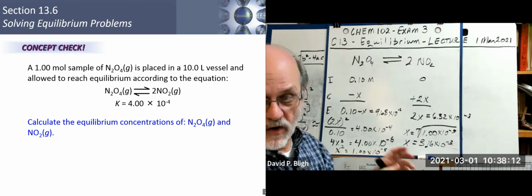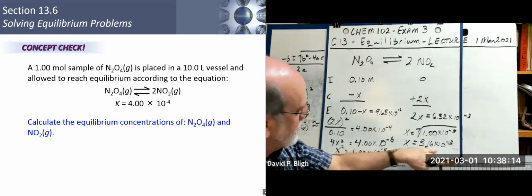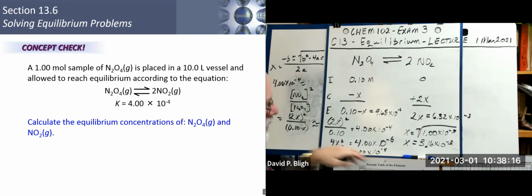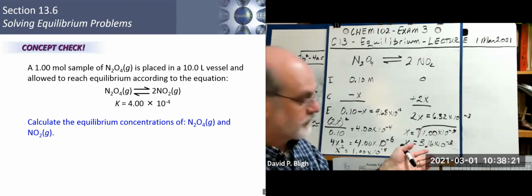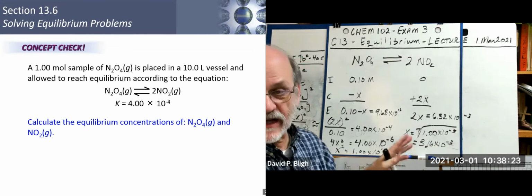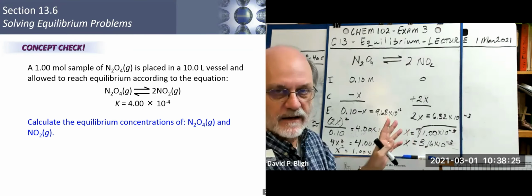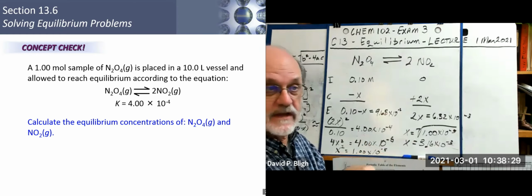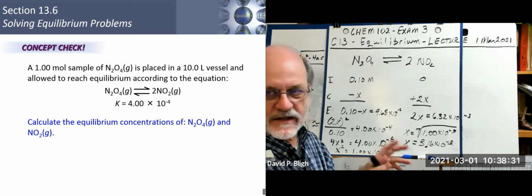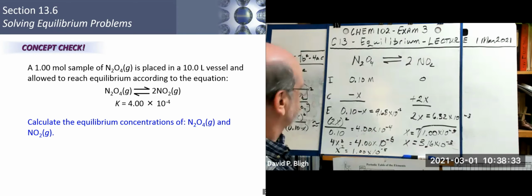So I think we were correct in saying this is going to be so small. Look how much smaller it is than 0.1. Right? It's 2 orders of magnitude smaller. But there's a calculation we can do to verify that we have not violated the sanctity of the unknown.